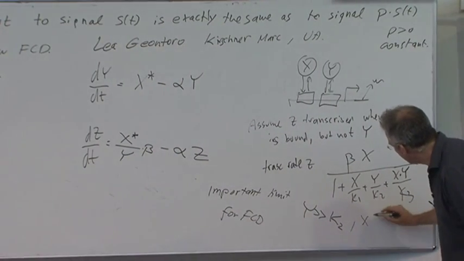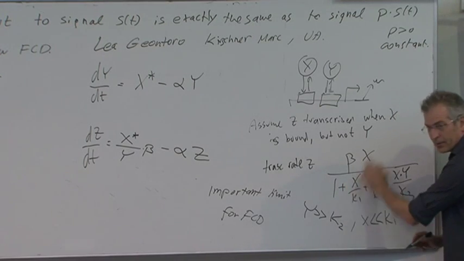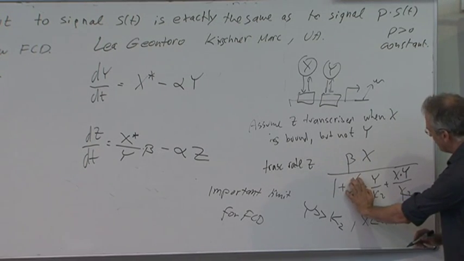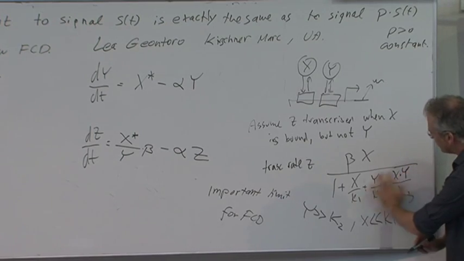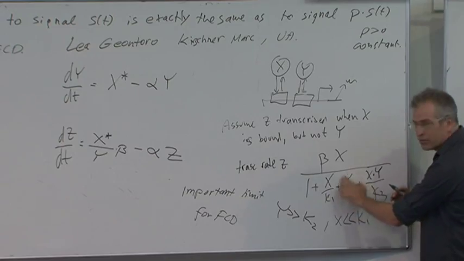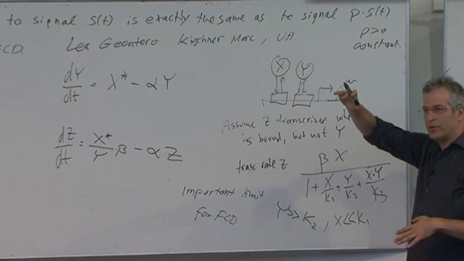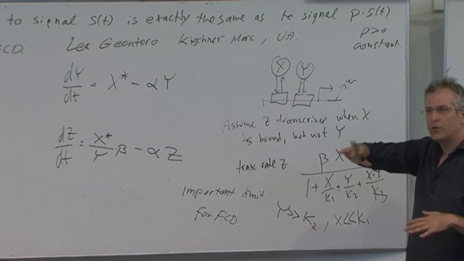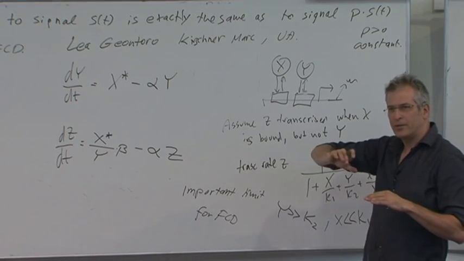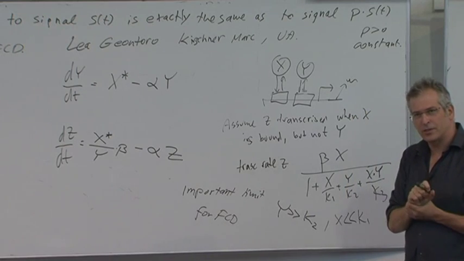It's also that X is much smaller than K1. So I can neglect X here. I have to keep it here. Basically I need to neglect everything, the 1, the X, and the X times Y, and keep only the Y. So Y has to be the biggest thing here. Y has to be high level of repressor. The repressor needs to be almost always shut off. But it's sometimes open, and on that sometimes open you can play and get fold change detection.